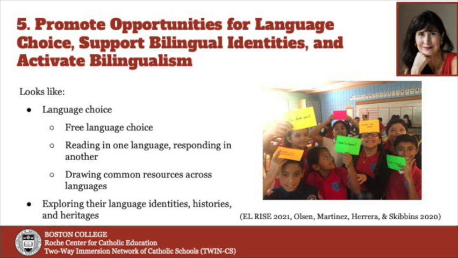And here are some ways to teach this independence of language use with responsibility. Free language choice, reading in one language, responding in another, drawing common resources across languages, exploring their language identities, histories, and heritages, etc. In my classroom, I found that modeling this thinking process of when and how to use languages in a separated form or translanguaging is really important for them to understand.